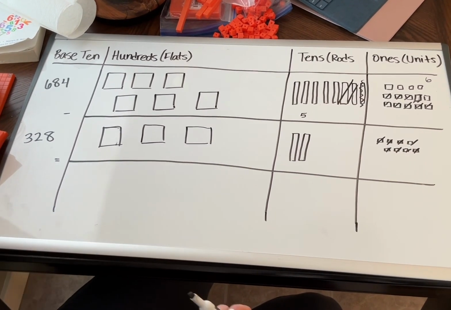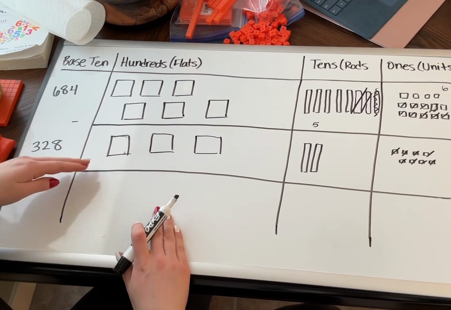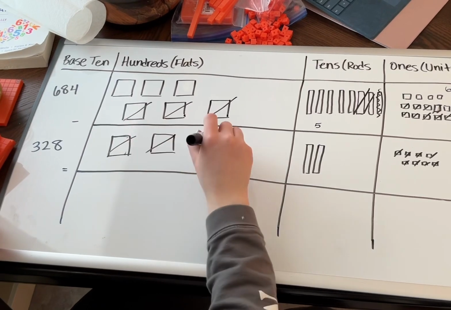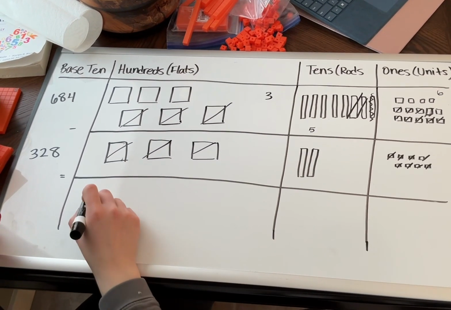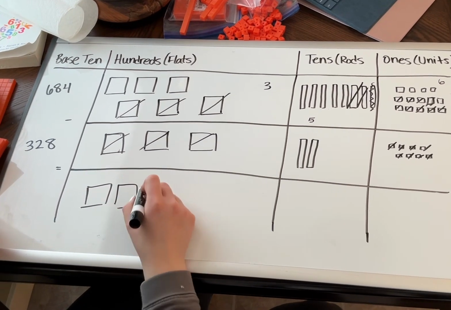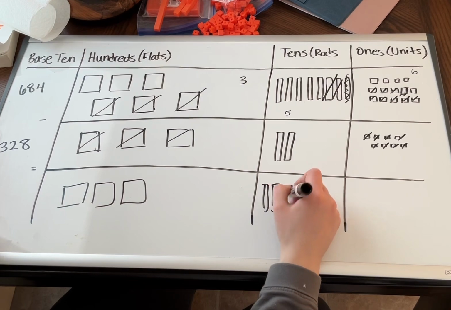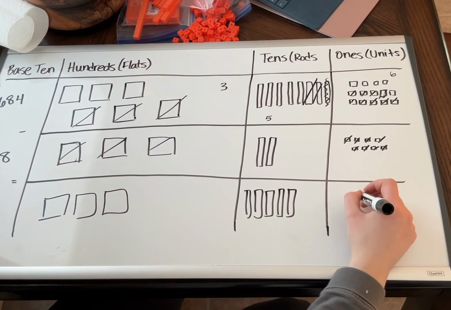And then lastly for our hundreds, I have 3 in the bottom, 6 up top. I can take away the 3 from the 6, so I can go 1, 2, 3, and that leaves us with 3 hundreds, making our total at the bottom 356.